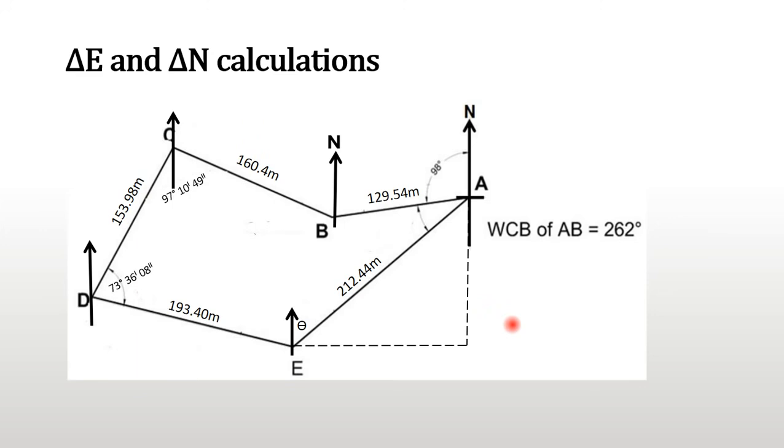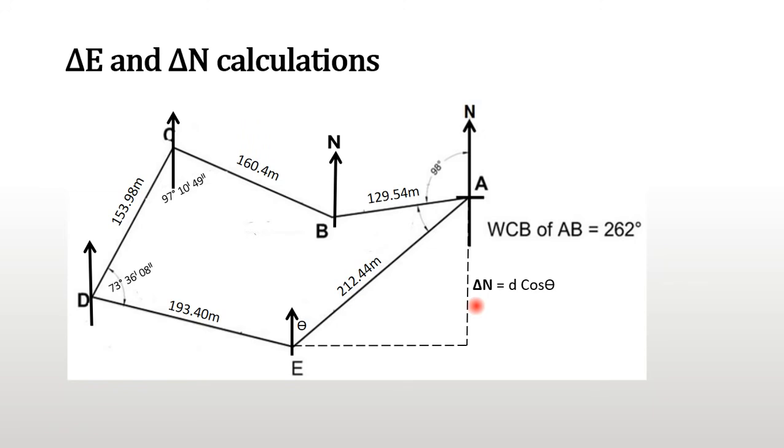Whenever we are calculating these, any line that has been observed, any line that has been measured in the traverse exercise, is assumed to be the hypotenuse of the relationship between the change in Eastings and change in Northings. Normally, if we want to work out the difference in the Northing sense, or in the Y sense, these are known as the change in Northings, and they are determined by multiplying the distance of the traverse leg by the cosine of its bearing.